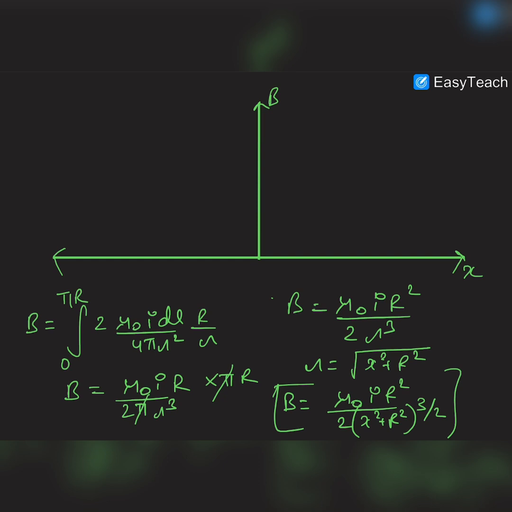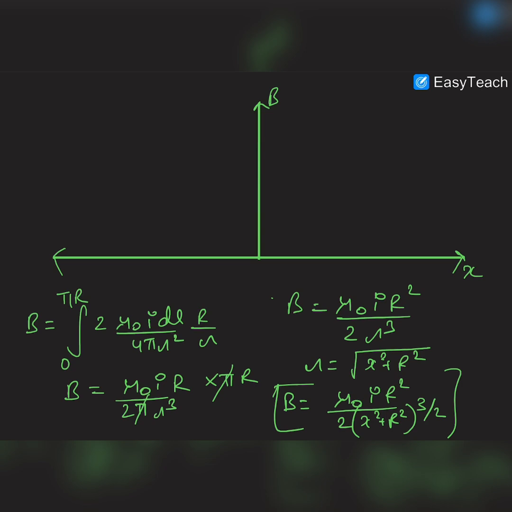And if we plot this graph, we can say that this would not be a linear graph. Obviously this is not a linear relationship, and at x equal to 0, B will be maximum. So at the center of the ring B will be maximum, and at x tending to infinity B will be 0.